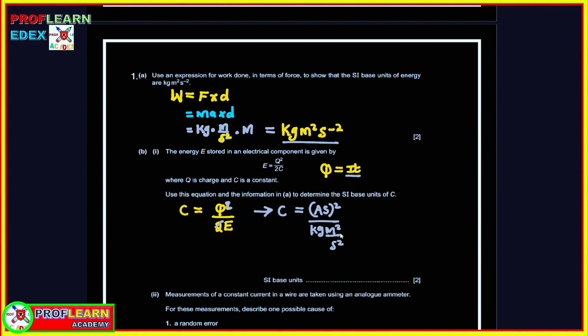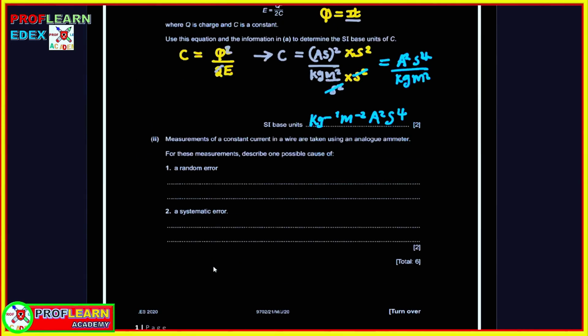So in order to simplify this, I can multiply here by s squared, here by s squared, so that I can cancel this and that, and which means that now I can write the unit for C in a simplified manner over kg m². Now we remove kg and meter square from the denominator, and we are going to introduce a negative because they were in the denominator in that case.